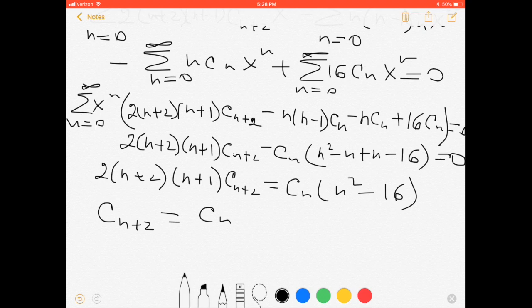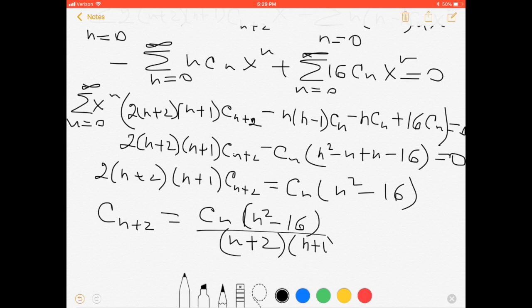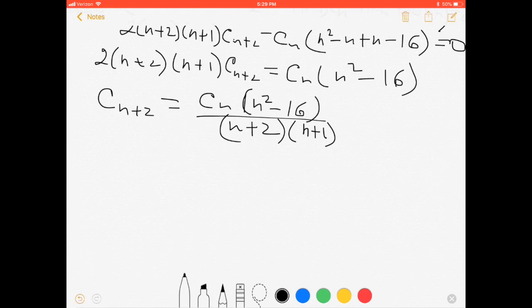Here we can write it separately, but I'm not sure it will work better, because it gives us (n minus 4)(n plus 4), but we don't simplify anything, with (n plus 2)(n plus 1). Okay, and see what we have.